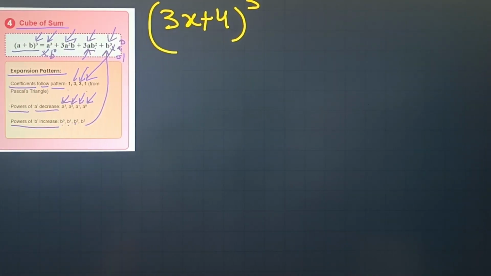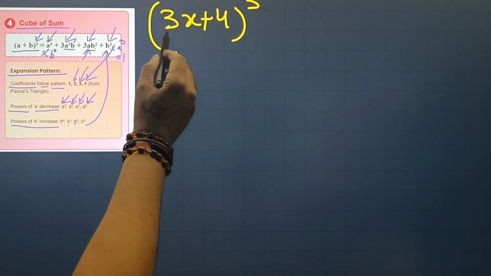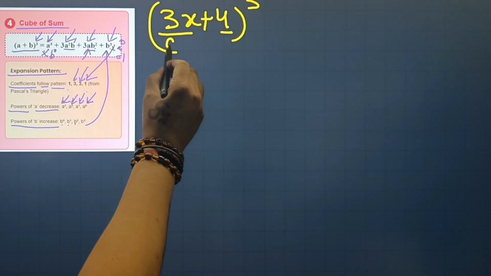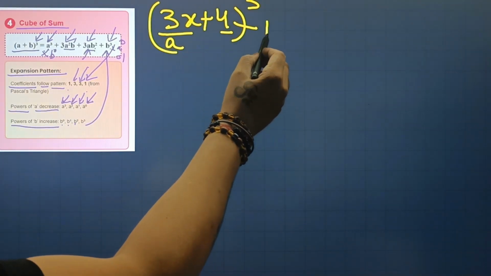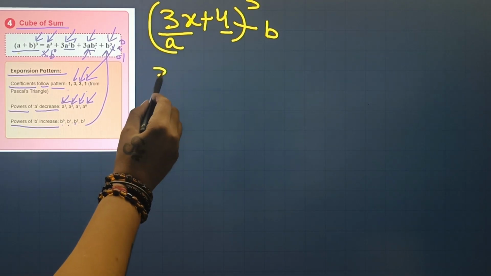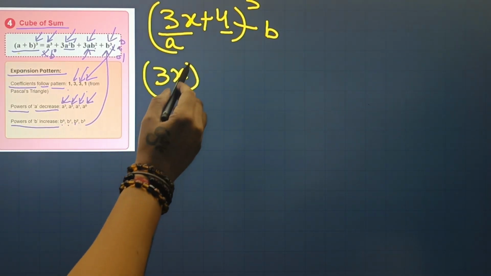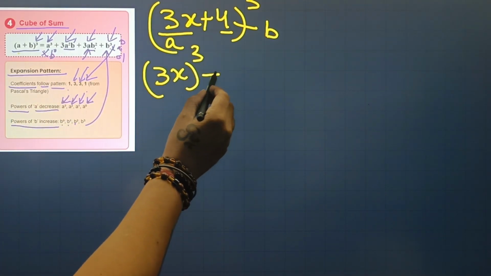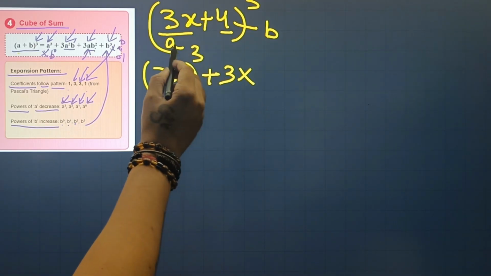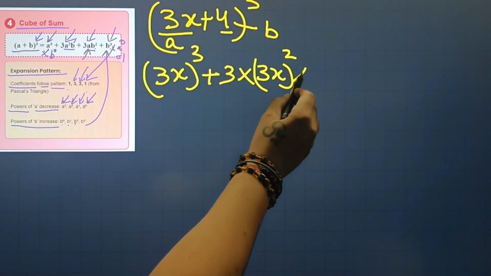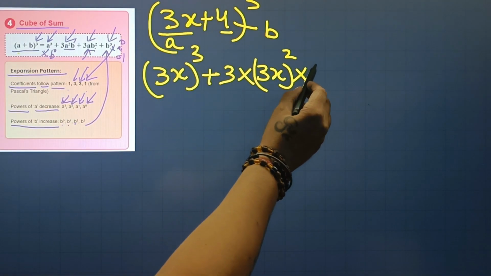So students, here we have our example. Here we have 3x plus 4 whole cube. Here 3x is our a and 4 is our b. Now applying a plus b whole cube here, that means a is 3x, so a cube, then plus 3a square b, that is plus 3 into a square, which is 3x whole square, into b, b is 4 here.